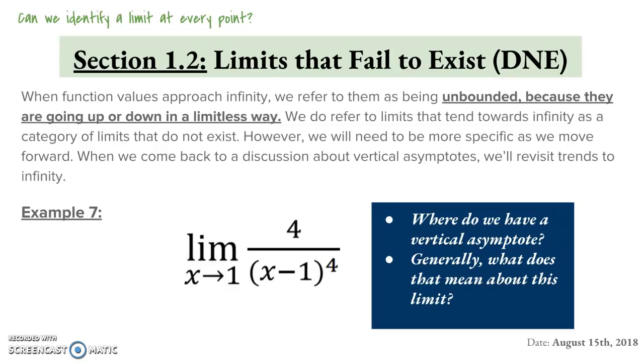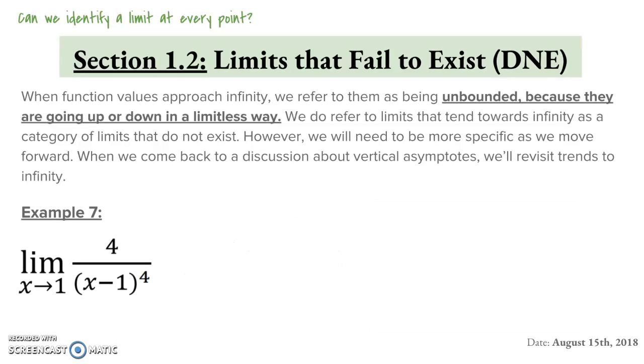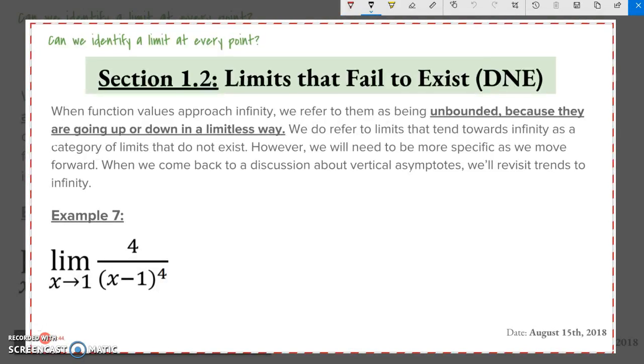So let's see what the graph is that we're dealing with here. And I'll try to pull that pen back up. So in this category, we're looking at the limit as x approaches 1 of 4 divided by (x - 1)^4. Again, this is one that we can plug into our calculators.